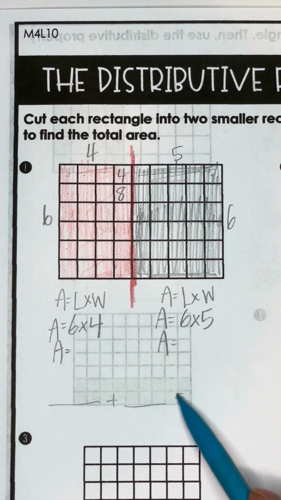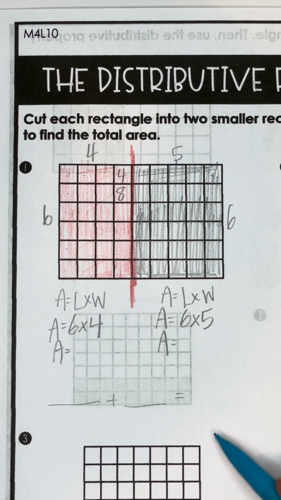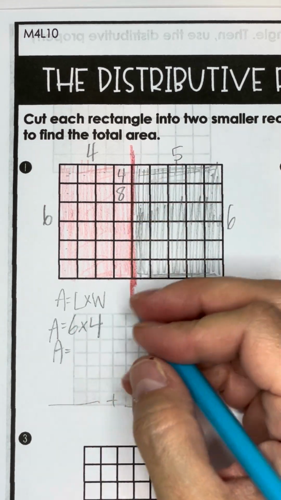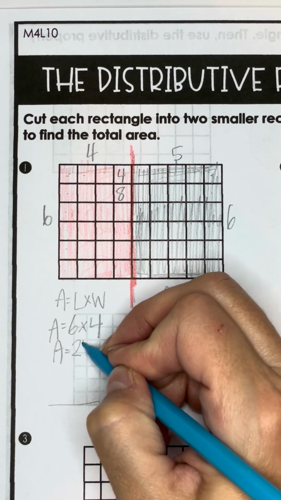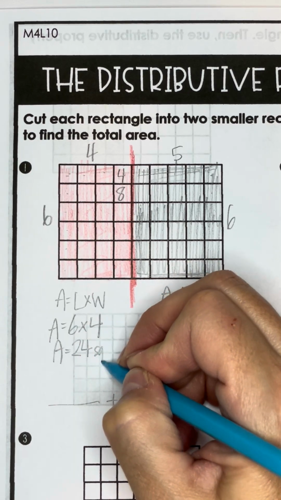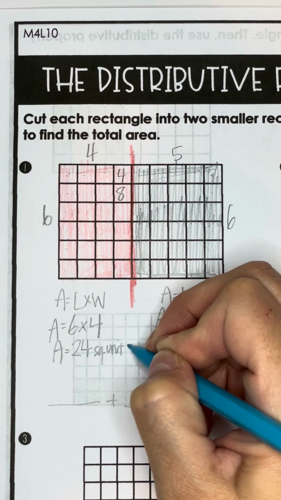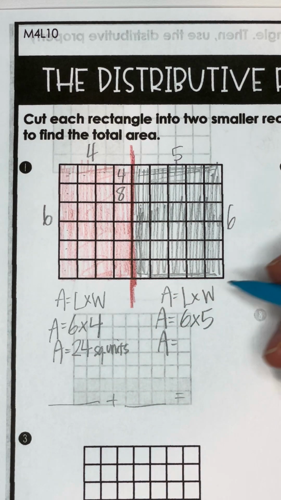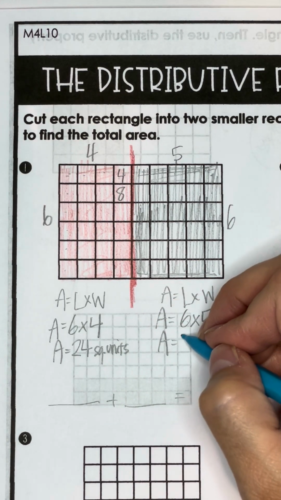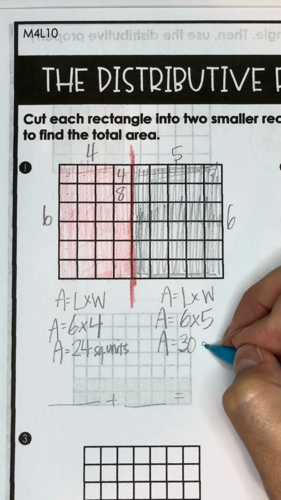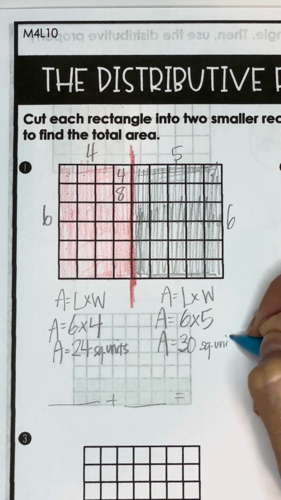Okay, when you have an answer, let's just do this one together to make sure that we're doing it right. What's 6 times 4? 24. I'm just writing it tiny, square units. And 6 times 5? That's right, 30.